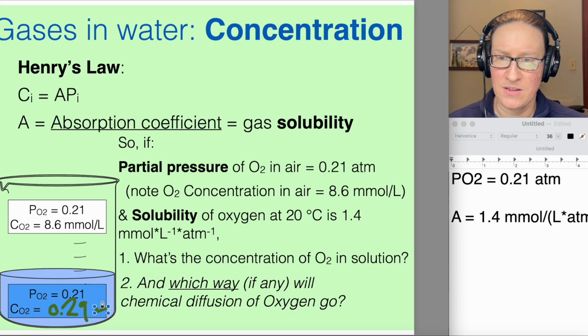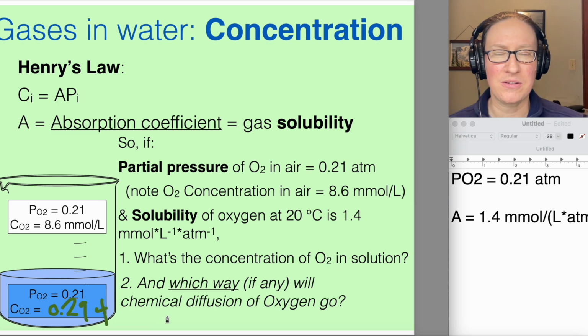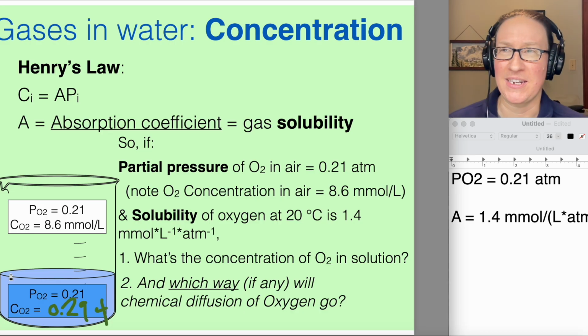All right, so then the $1,000 question here is, now which way will chemical diffusion of oxygen go? So look at these numbers and note, again, oxygen does not move simply on the basis of a concentration gradient. Instead, when we're thinking about gases in the gas phase, gases move in the direction of their partial pressure gradient.